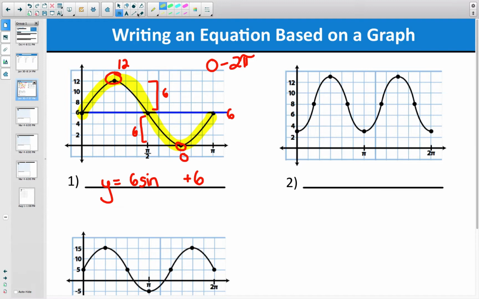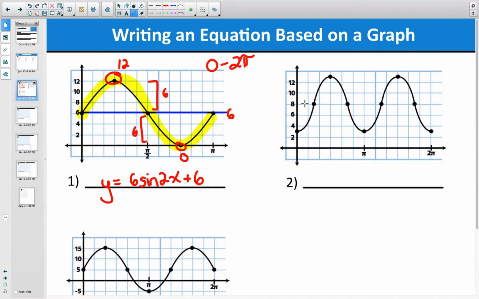So if there's one cycle from 0 to pi, then it would make sense that there have to be 2 cycles from 0 to 2 pi. So my frequency is 2. The last thing I wanted to take a look at is if this is a positive or a negative sine graph. It's positive, so I can leave it as just 6 sine.